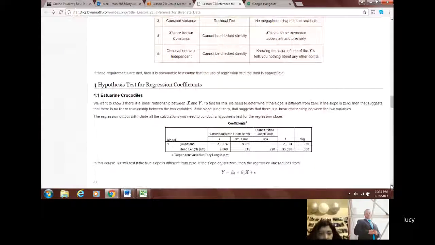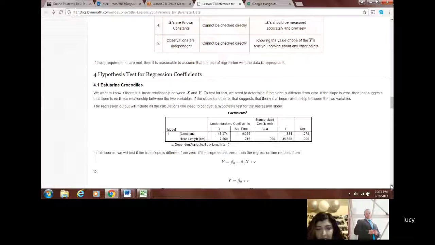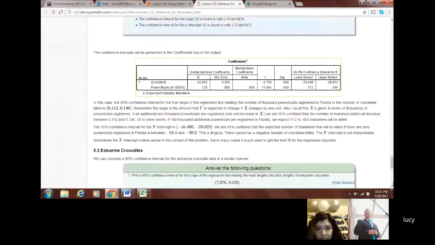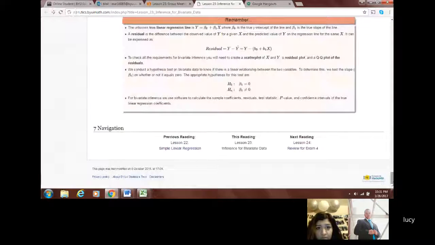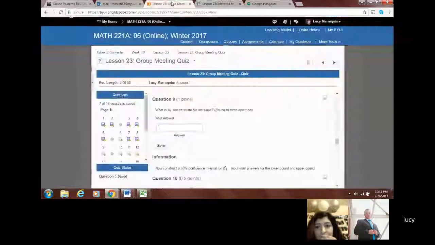Question 9. What is B1? The estimate for the slope. .042 is what I'm seeing. Yeah. Question 10.